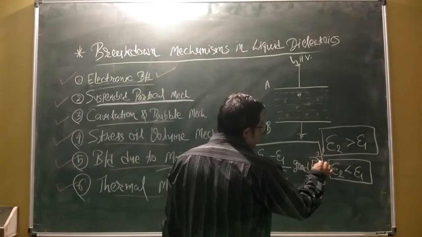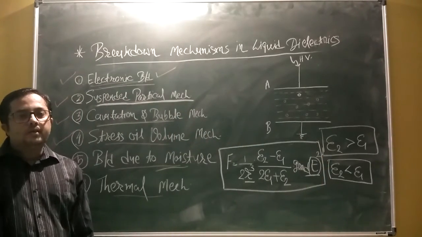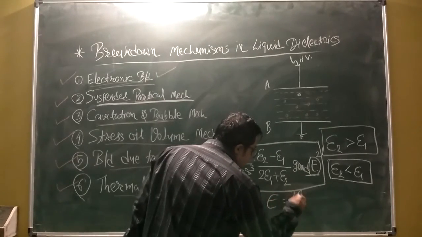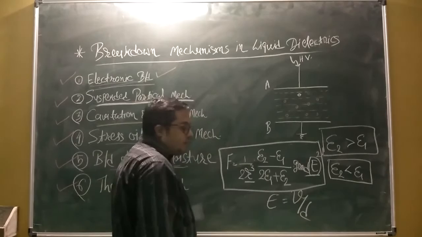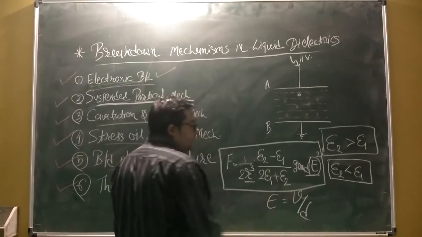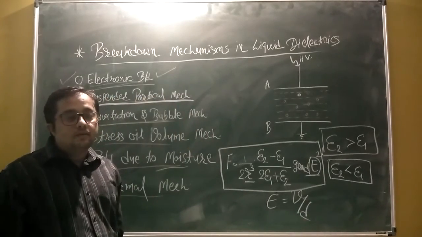It means onto this E value. E is your electric field intensity. E is equal to V upon D. So you can say that it also depends upon the magnitude of applied voltage and the distance of separation.